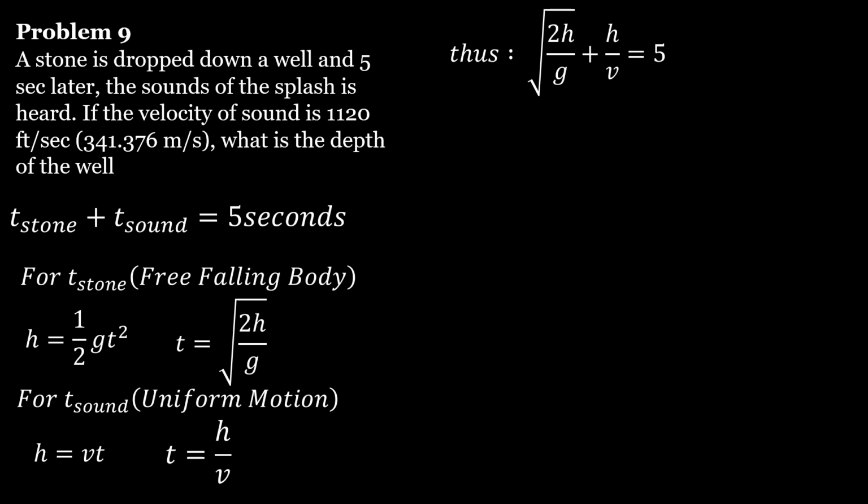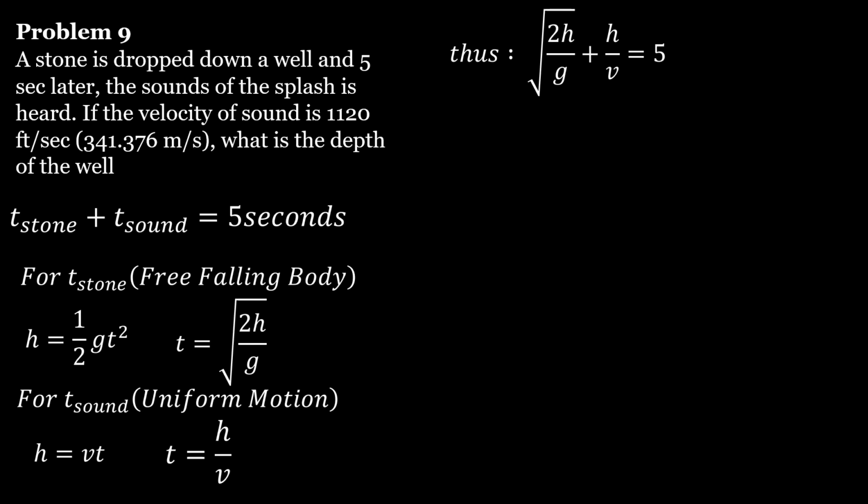And take note of this for your information. The value of g is constant, and that is equal to 9.81 meters per second squared. While the velocity is given, we have the value in the metric system as 341.376 meters per second.